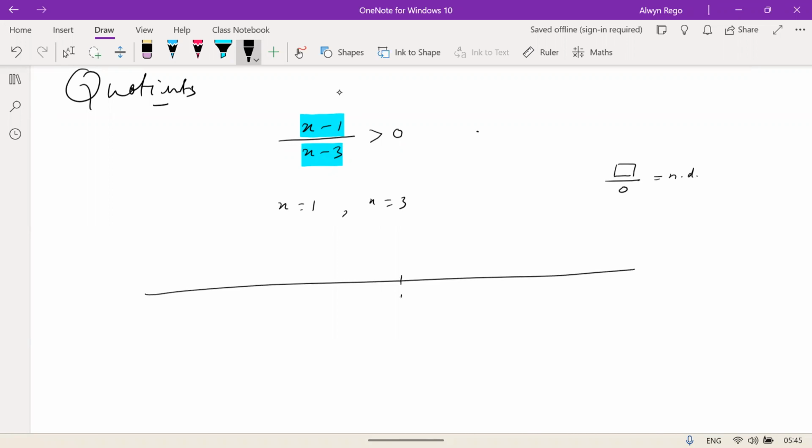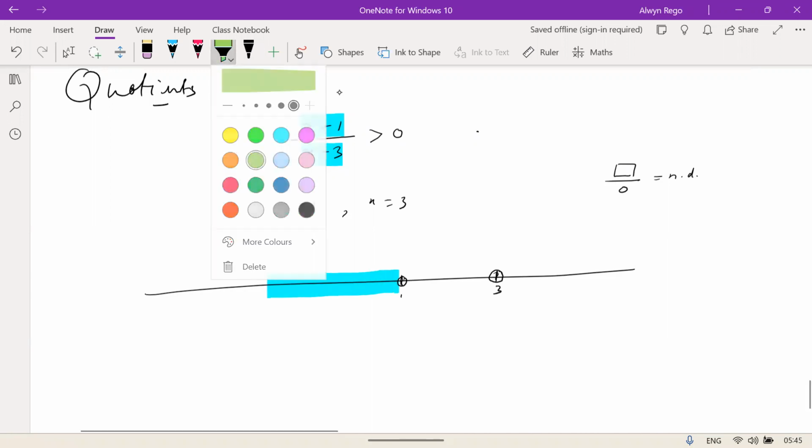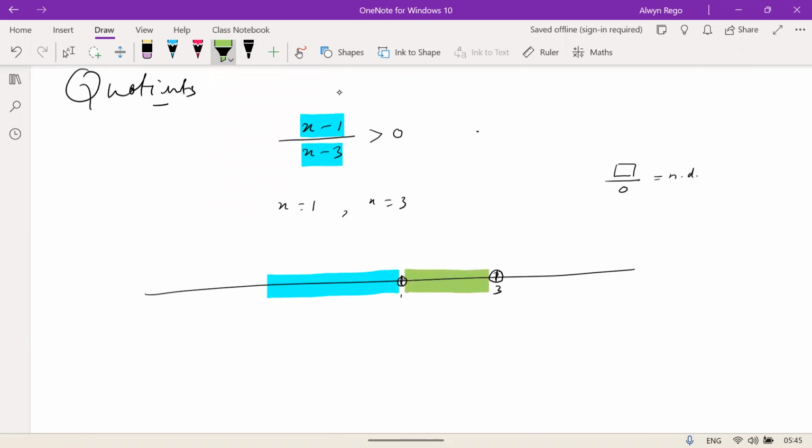So supposing I look for 1 and 3 here, I'm aware 3 cannot be a solution in any case, I know that. So I look at the zones here. So 1 and 3, strictly more than 0. So look for the zone number 1, and the zone number 2 here. And then this is the zone number 3.